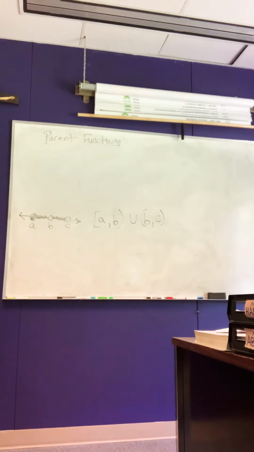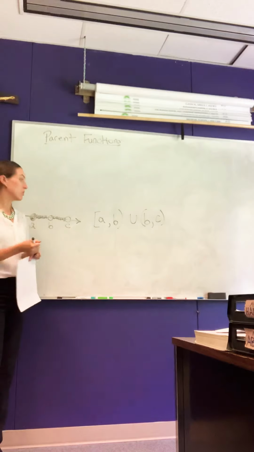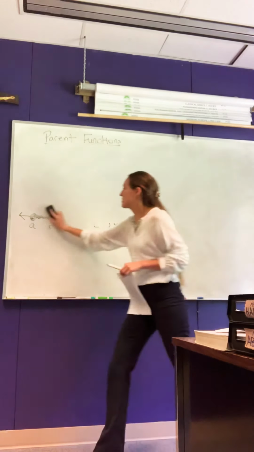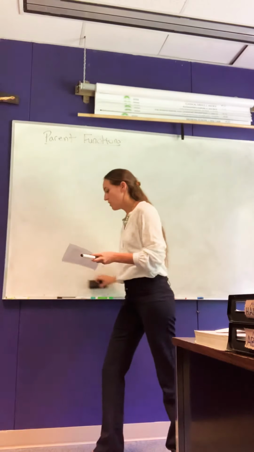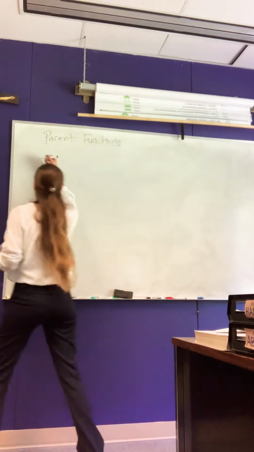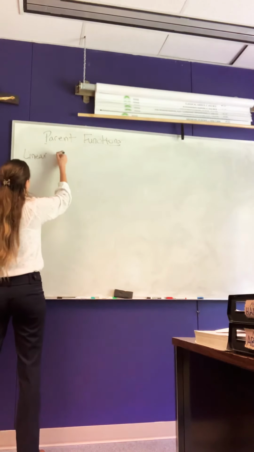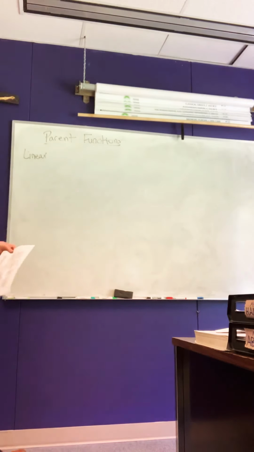All right, and we're just going to give ourselves a loose sketch of what these look like. So, if you need the last notes, just get that from a partner at this time. So, first one, we're just going to start with the most basic, linear, and this is when your y equals f of x, or your function.